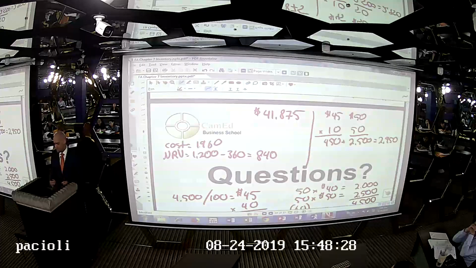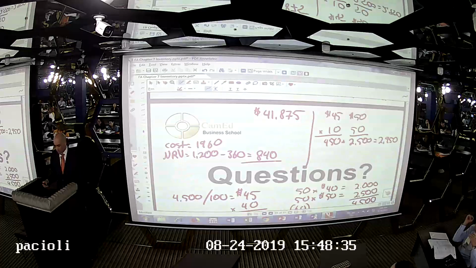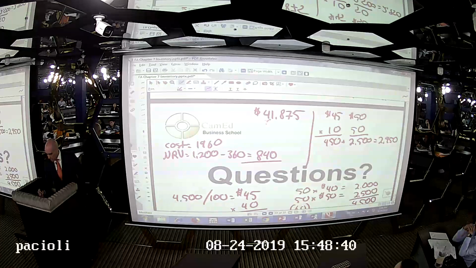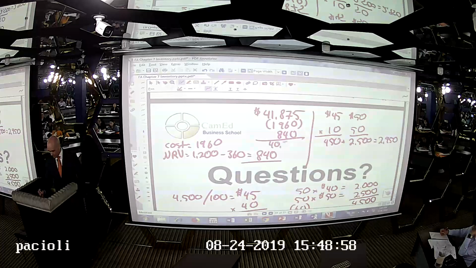Net realizable value is much smaller. So we take 1960 minus 840. This is one way you could do it. You minus 1960, and then you add 840 like that. And that gives you the answer, 4755.